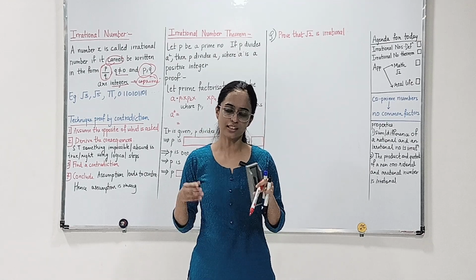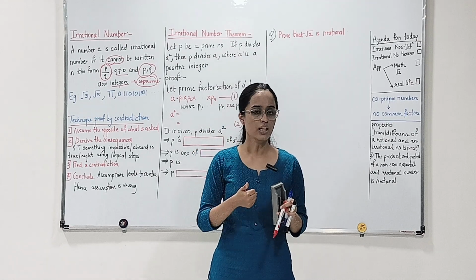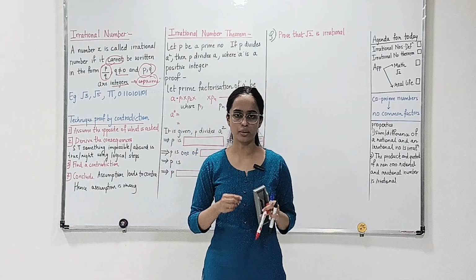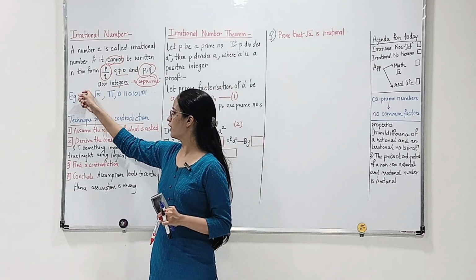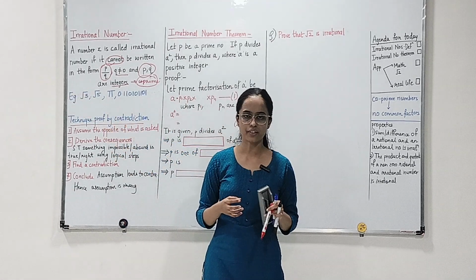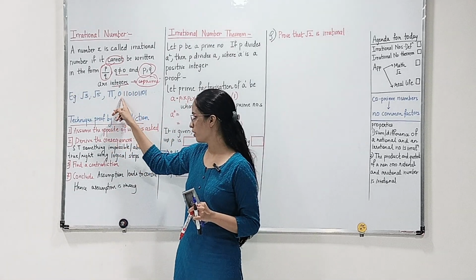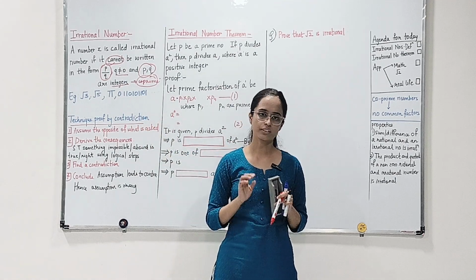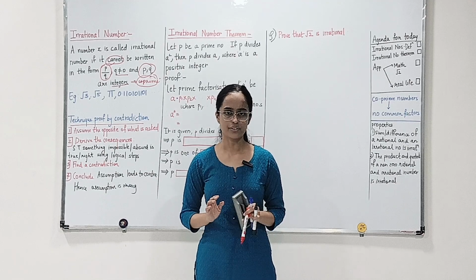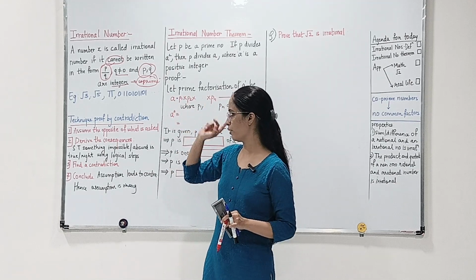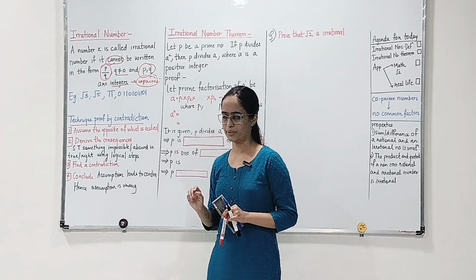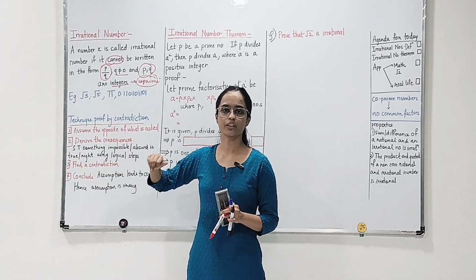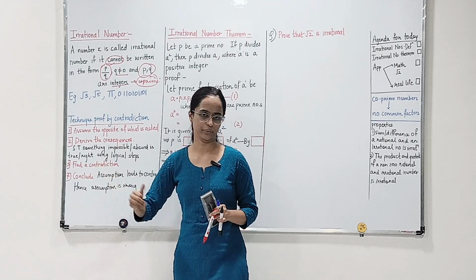Now those digits are first of all non-repeating and at the same time non-ending also. So any number which is represented in this form, so we have a root in it, then any number which is non-ending and non-repeating also, such numbers are called irrational numbers. So these are a few examples of irrational numbers. As of now, I would want you all to ignore this part because we are coming to this part later.